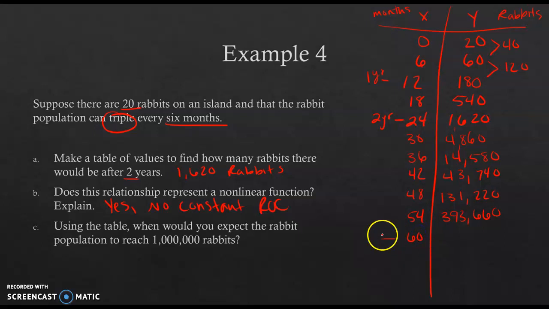We're at 5 years, just so that we kind of know where we are in the process. And that's 1,180,980. And so approximately 5 years before we hit the 1 million rabbits.